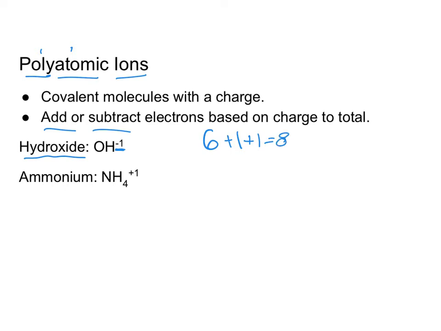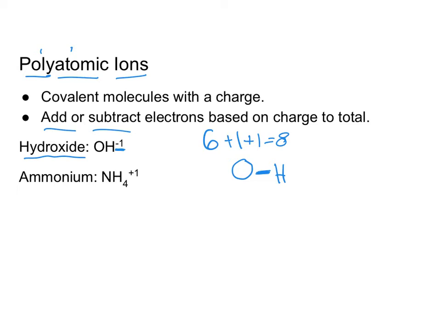So when I go to draw this, I only have 2 atoms, so I'm going to start by single bonding them. So I have oxygen bonded to hydrogen, and now I'm going to start placing my lone pairs of electrons around my atoms. I know that hydrogen, because it can only have 2 electrons maximum, this bond already gives it those 2 electrons. So hydrogen can't have any lone pairs around it.